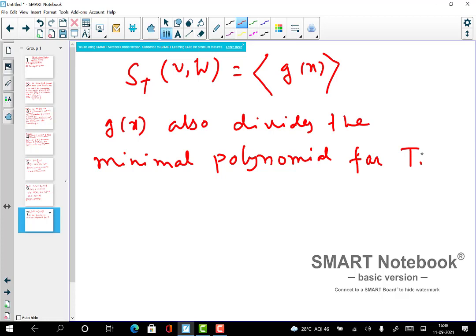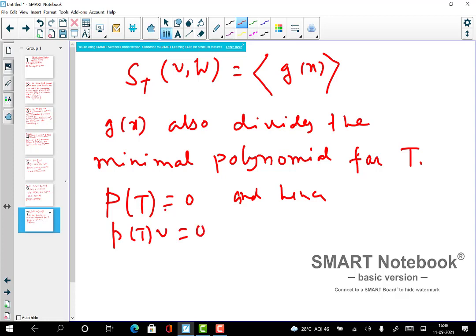Because if p(x) is the minimal polynomial for T, then you know that p(T) equals 0, and hence p(T) of that vector v equals the 0 vector.